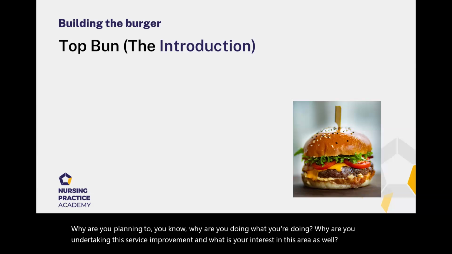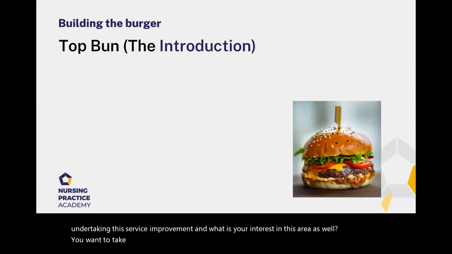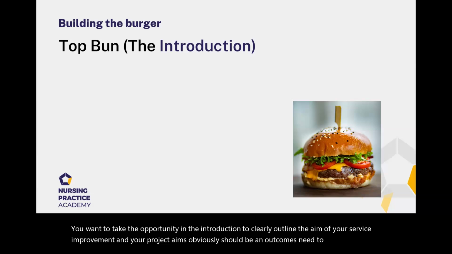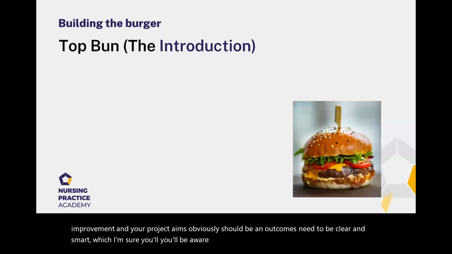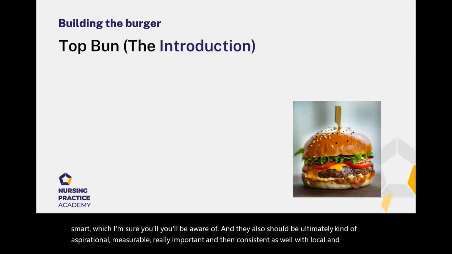You want to take the opportunity in the introduction to clearly outline the aim of your service improvement, and your project aims and outcomes need to be clear and SMART, which I'm sure you'll be aware of. They should also be aspirational, measurable, really important, and consistent with local and national priorities and plans.